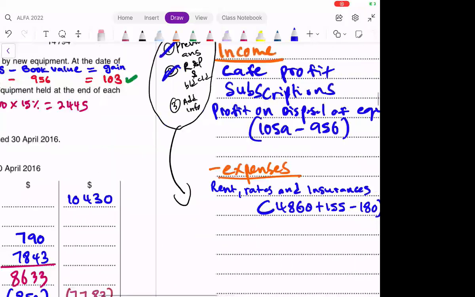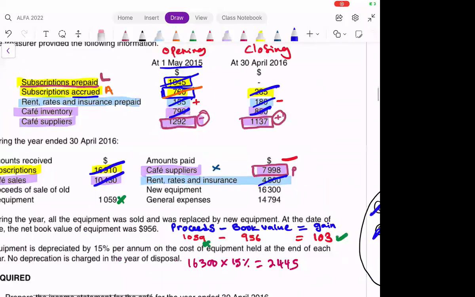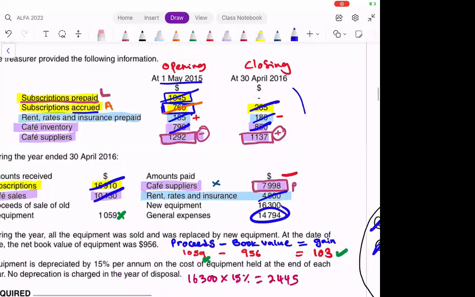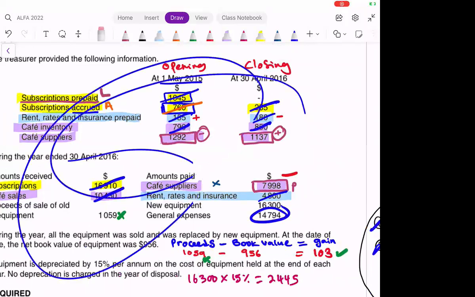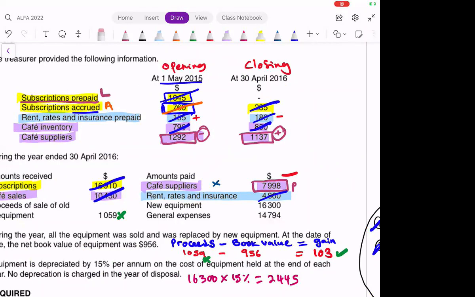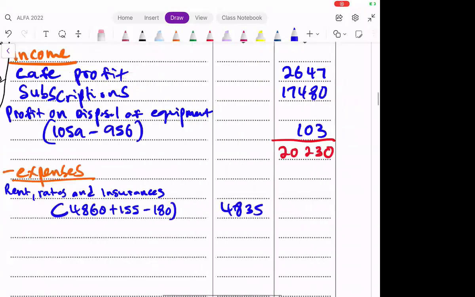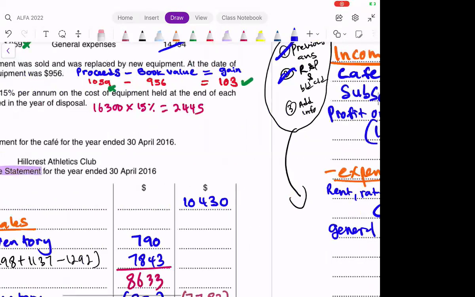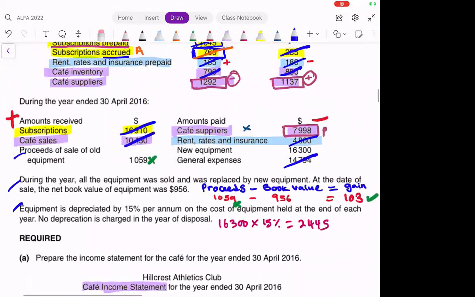After that, general expenses. But general expenses, do you have anything accrued or anything? No, nothing. Nothing means just take this 14794. Right here, general expenses. And the last one is depreciation.